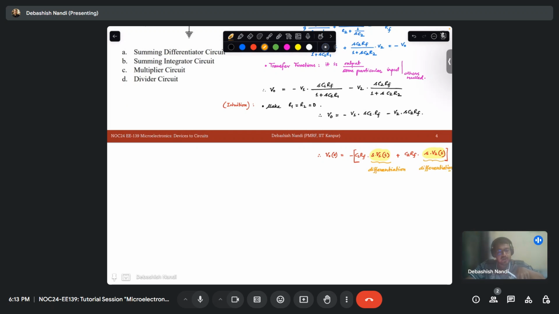Okay. So if we have this kind of differentiation, and then on top of that we have this summation operation, what kind of circuit does this represent?